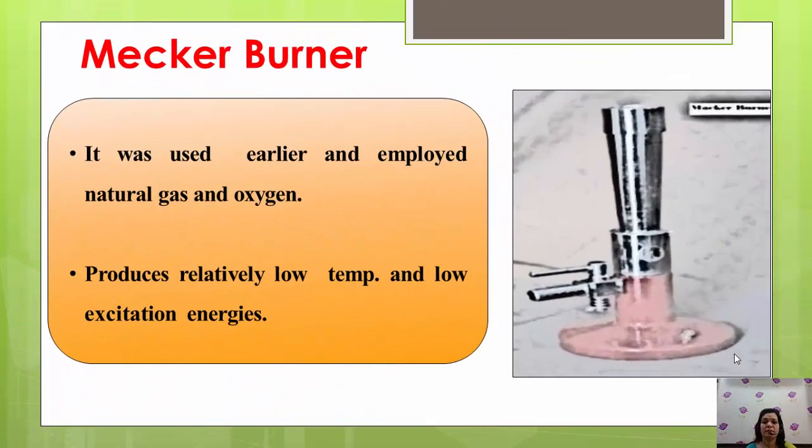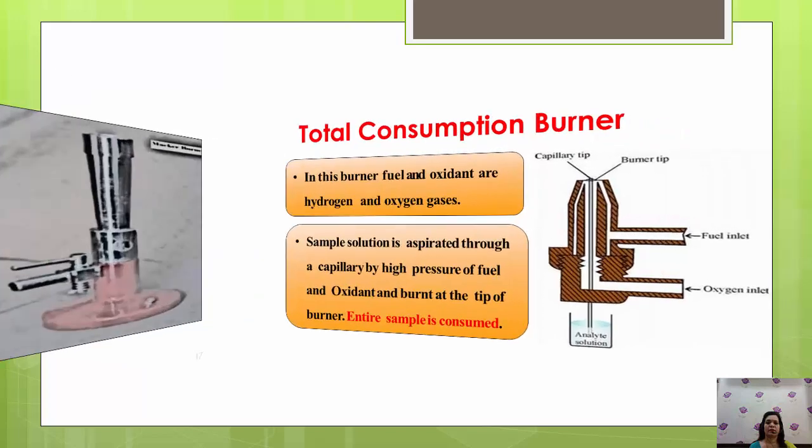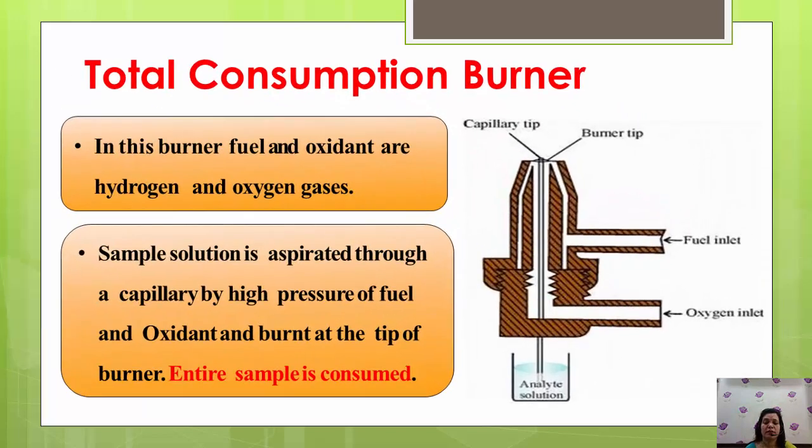This is the Meker burner, the regular lab burner, which we utilize with natural gas and oxygen; it produces relatively low temperature and low excitation energy. Total consumption burner is utilized in most of the instruments. If I see the diagram, the sample solution flows centrally through the capillary.